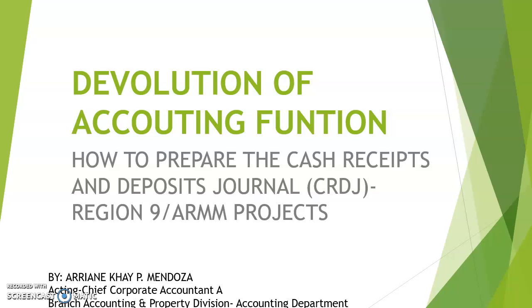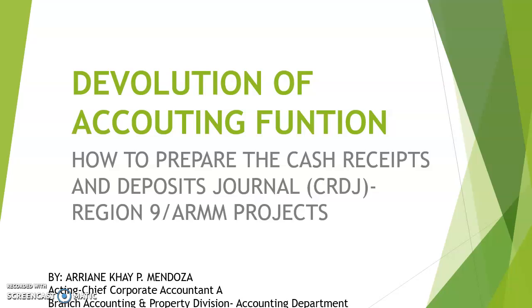Yung usual practice kasi natin is that the collection reports from the regional offices, for example, Region 9, are submitted to the main office, i-courier, di-deliver pa, dadaan pa sa treasury bago makuha ng accounting for recording.